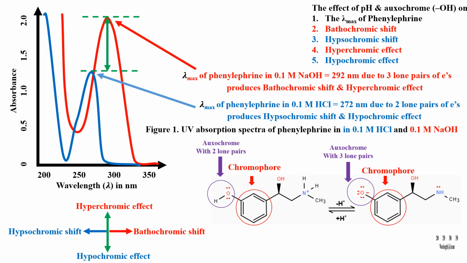You can see the shift in lambda max towards shorter wavelength, and at the same time you can see the intensity of absorption is drastically reduced, as shown by the double-headed green arrow. So this double-headed green arrow indicates to what extent the intensity of absorption is reduced under acidic condition.